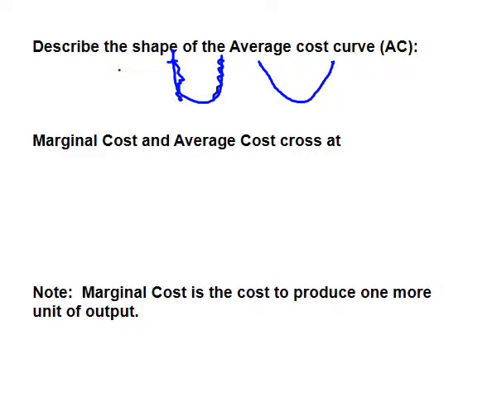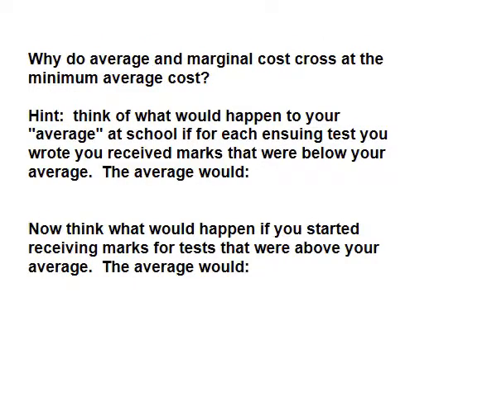Marginal cost and average cost cross at the minimum of average cost, so marginal cost is going to come up through the minimum. And just a reminder that marginal cost is the cost to produce 1 more unit of output. We haven't yet really looked at why average and marginal costs cross at the minimum of the average cost.